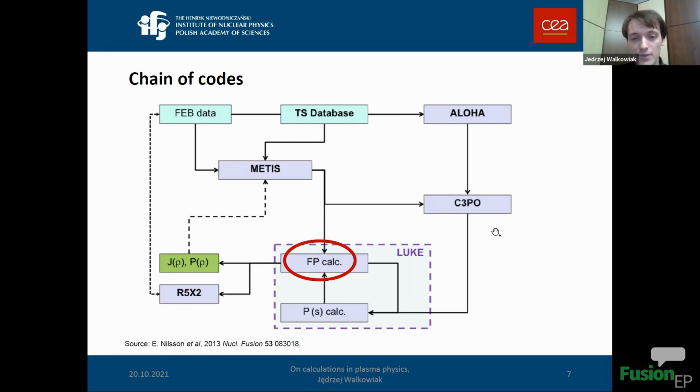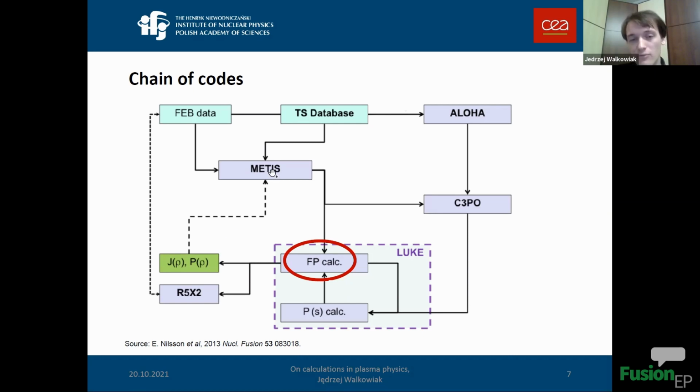Here you can see that we used many codes to get the results. What is quite important is that the results from the Fokker-Planck equation solver can be used as an input for Metis.